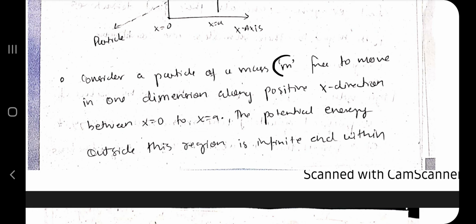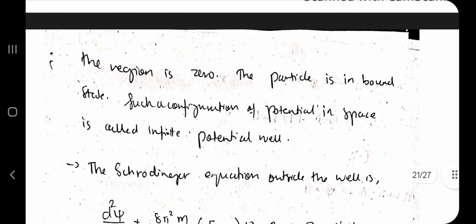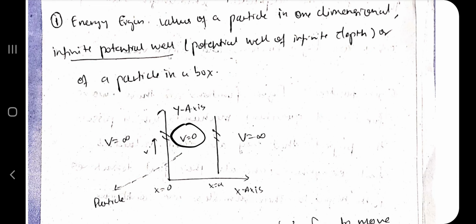After making this, write these things. Consider a particle of mass m free to move in one dimension along the positive x direction between x equal to 0 and x equal to a. The potential energy outside this region is infinite, and within the region it is 0. Inside this region it is 0, outside it is infinite.